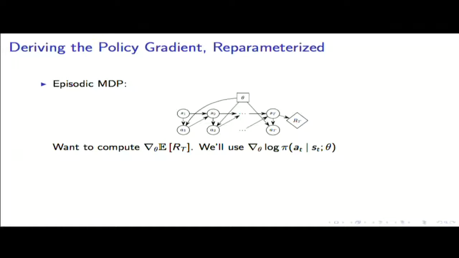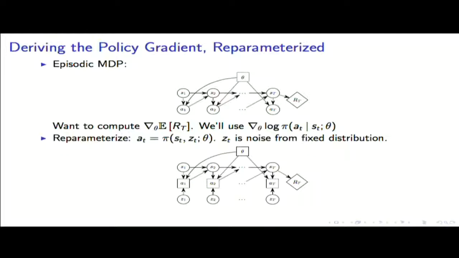And let's just say, for simplicity, that the reward is computed at the very last time step. And we want to compute the gradient of the expected reward. The way this calculation works is you end up taking the grad log probability of the actions along the trajectory. So that's how our policy gradients usually work.